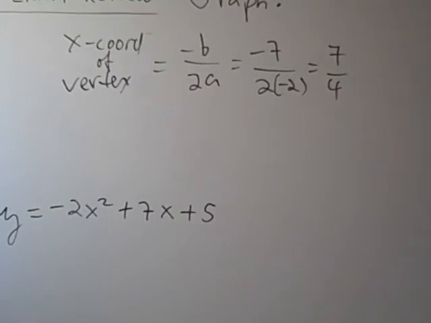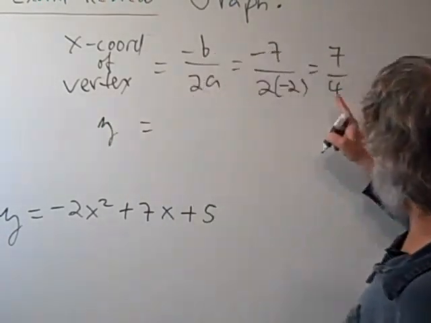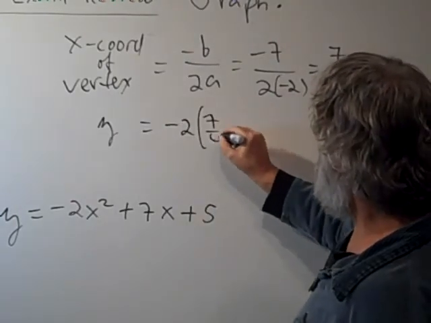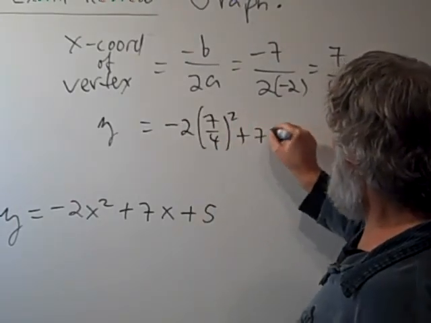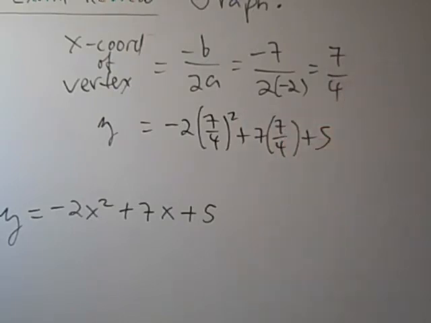To find the y-coordinate of the vertex, you plug this value into the equation for the parabola, so it's negative 2 times 7/4 squared plus 7 times 7/4 plus 5.